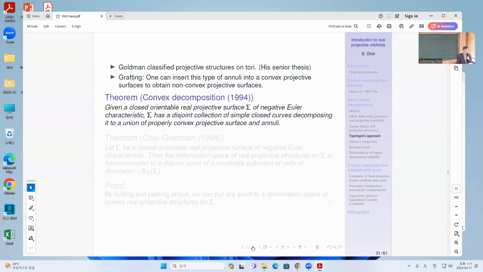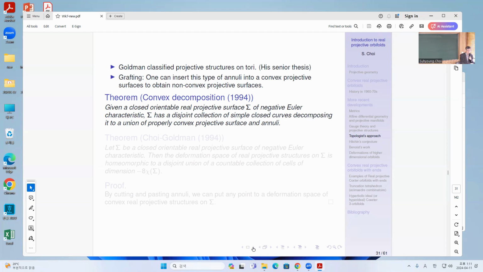So the convex decomposition theorem is that if you have a cross-orientable real projective surface sigma of negative Euler characteristic, then sigma has a disjoint collection of simple closed geodesics, decomposing it into a union of properly convex surfaces and annuli.